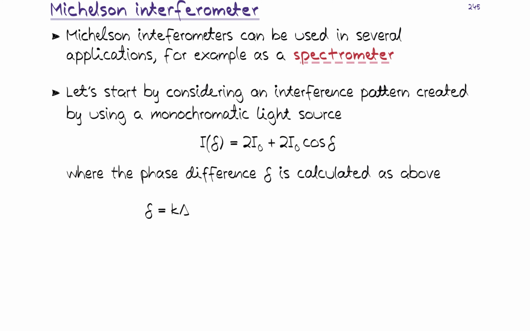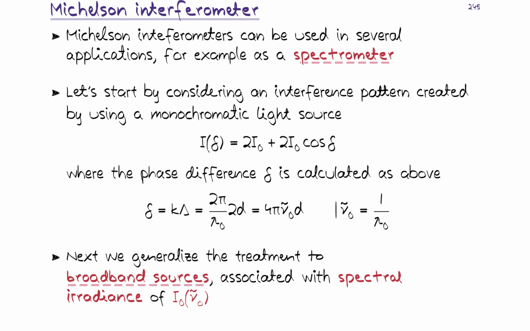It's exactly the same thing, k times big lambda. Now I'll change notation slightly, so I will write the inverse of lambda naught as nu tilde. This is the spectroscopist's notation for a wave number. It's just 1 over lambda naught, so that we can better appreciate that we're actually trying to do spectroscopy here.